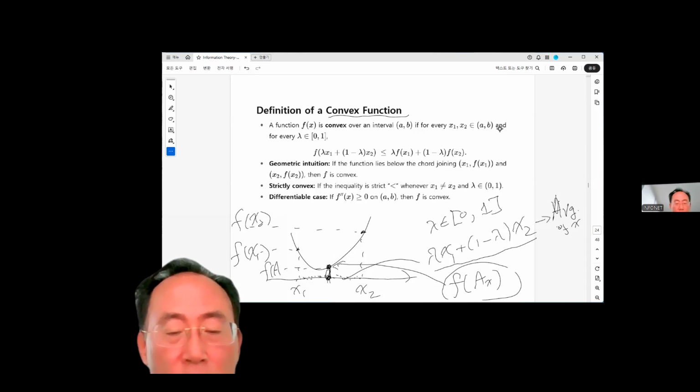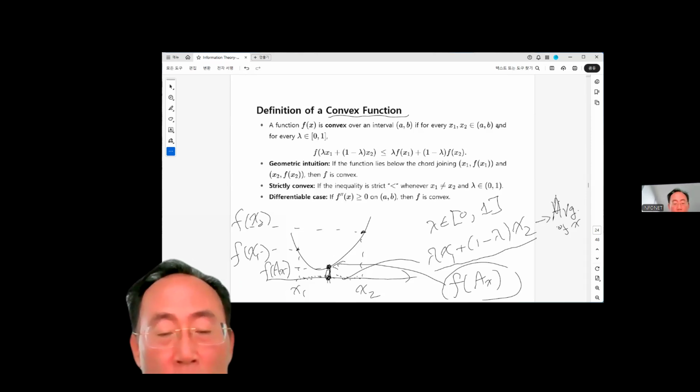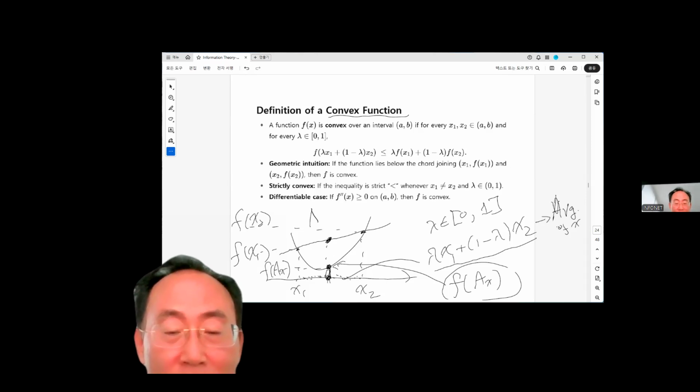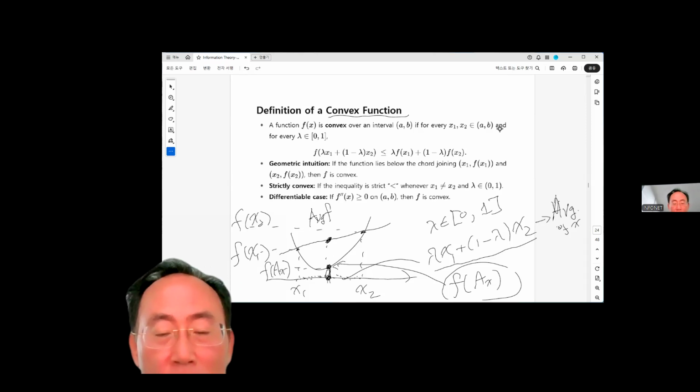Function of average x. Okay. And then if we draw a chord right here, and that is right there, here in this part is, what is that? Average of function. So that is average of function, right?